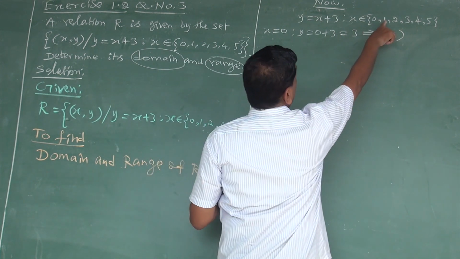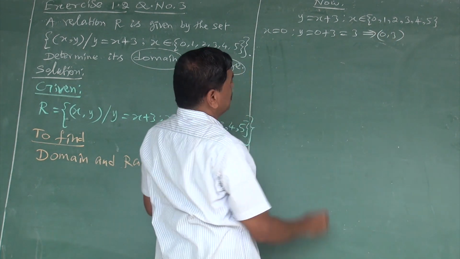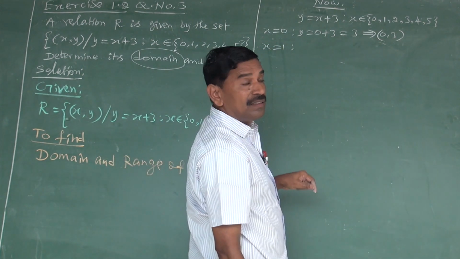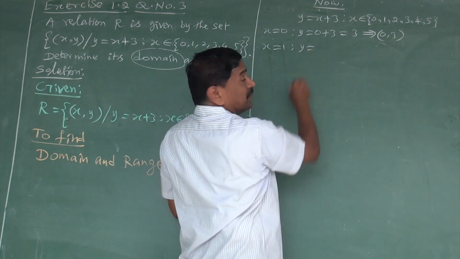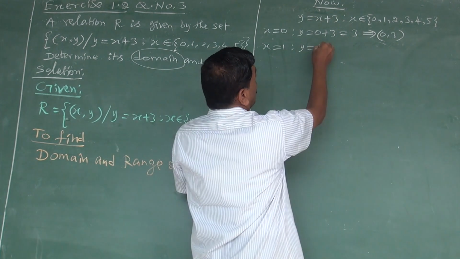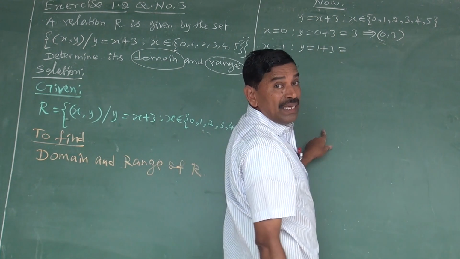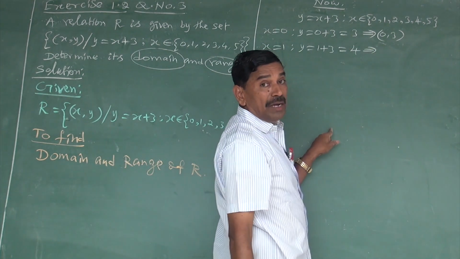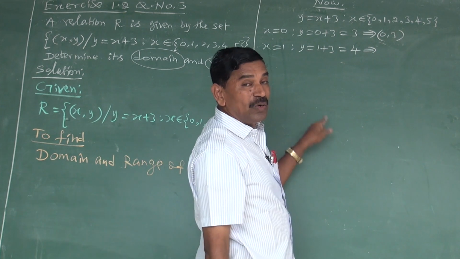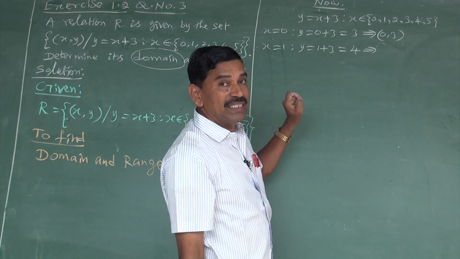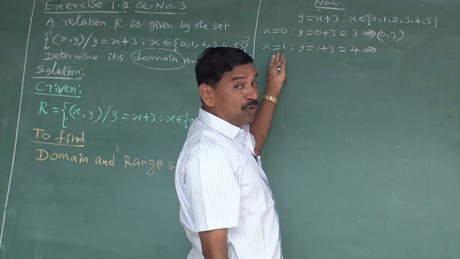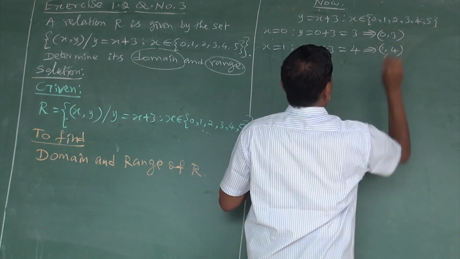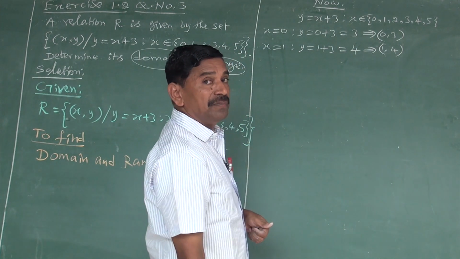What is the next element? 1. When x equal to 1, such that y is equal to 1 plus 3, which equals 4. Which implies, what is the ordered pair? 1 comma 4, because when x equal to 1, y equal to 4. Next, yourself.